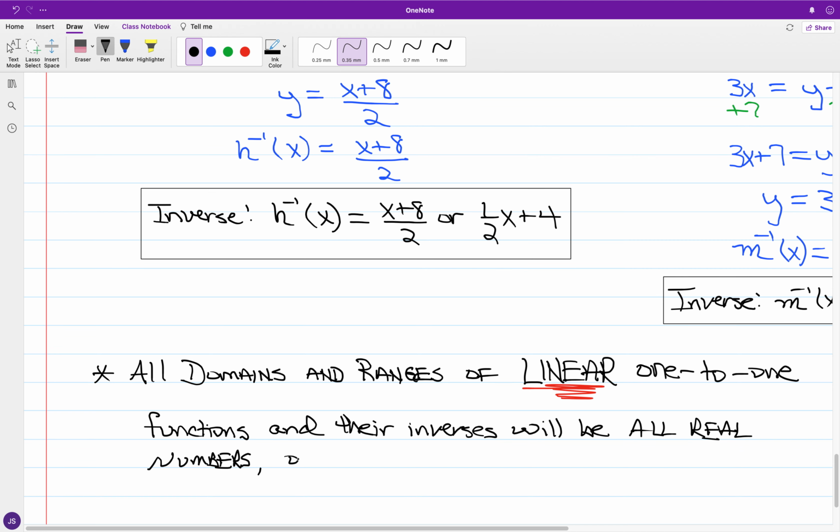Or once again, just utilizing interval notation, you have between negative and positive infinity.